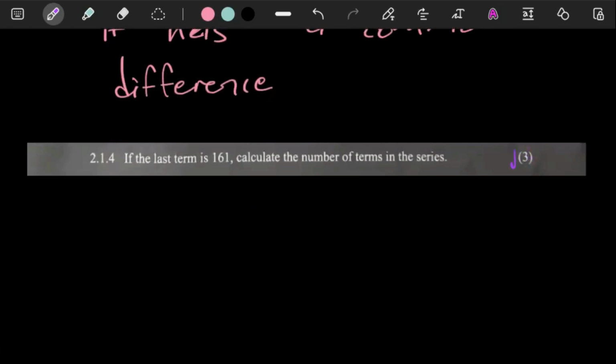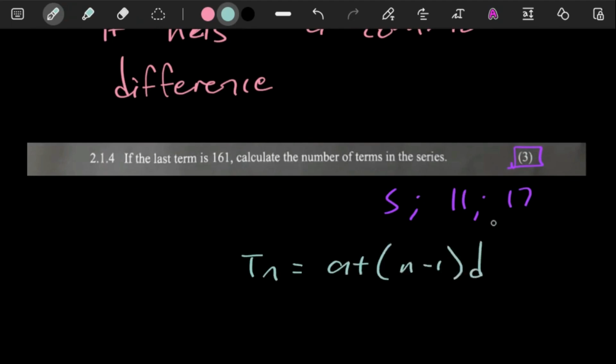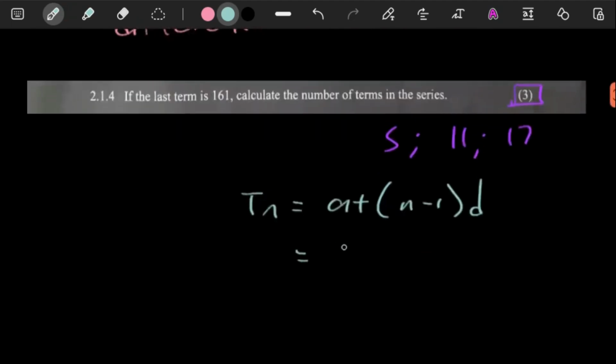Okay, it's a 3-mark question, so we don't need to overthink it. Well, we have the sequence now, so we can always just work out the general term and all that.